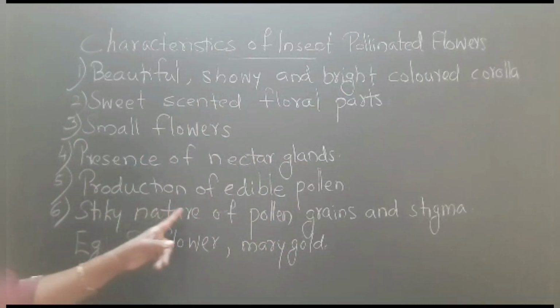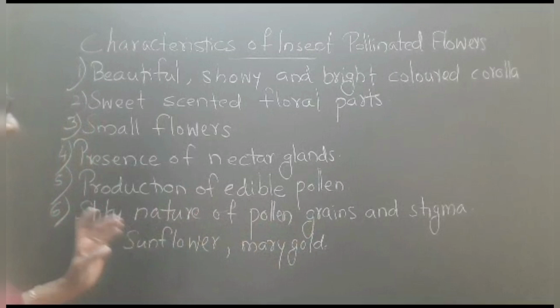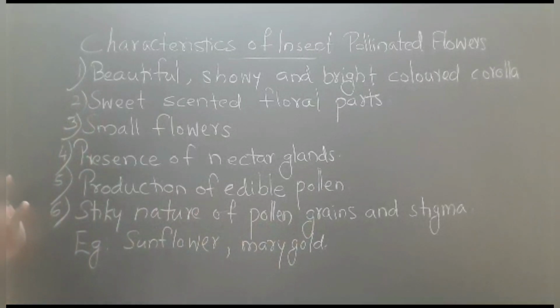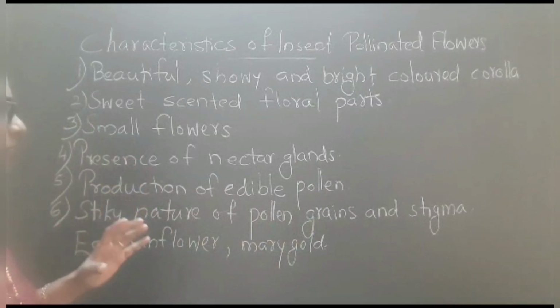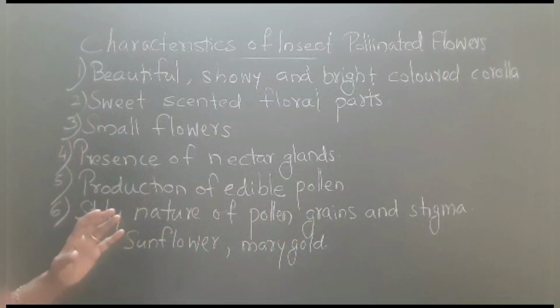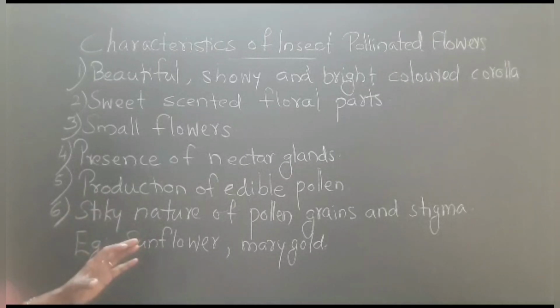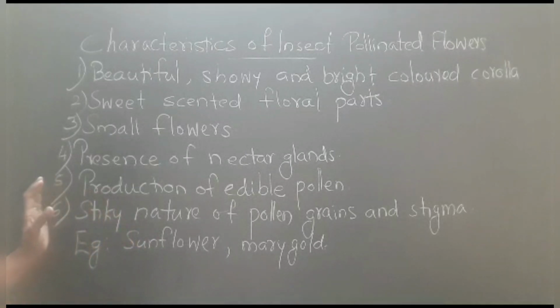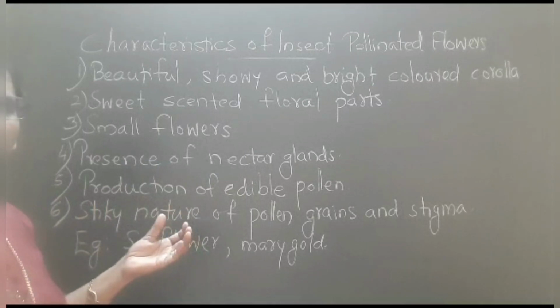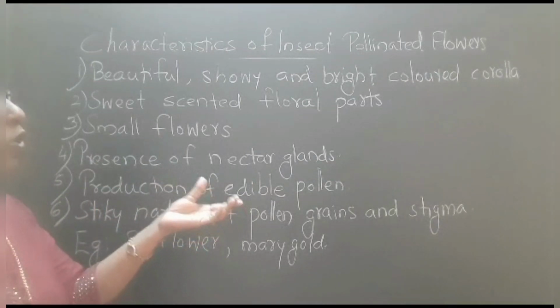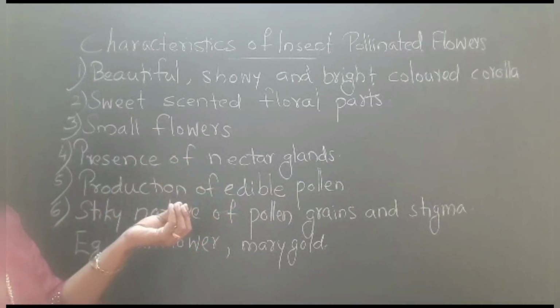Then sticky nature of pollen grains and stigma. Insect pollinated flowers have sticky stigmas. Not only the stigma, pollen grains are also sticky, so that insects can carry the pollen grains to the stigma.